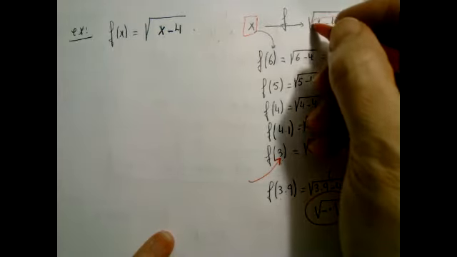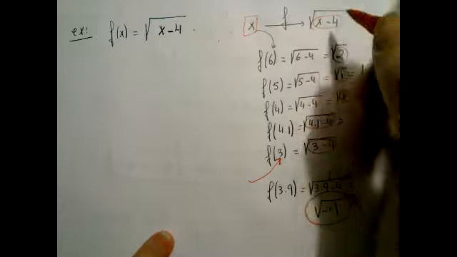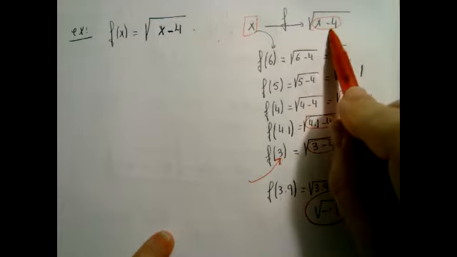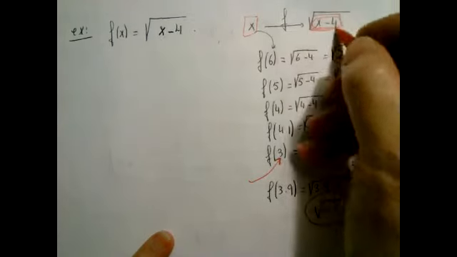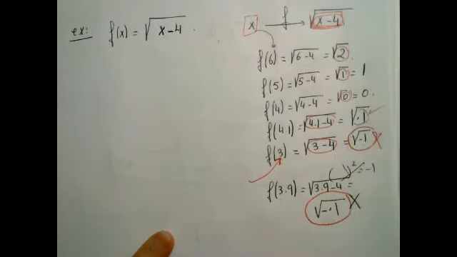Everything that makes this positive will be in the domain. Every x for which x minus 4 is positive will be in the domain. Every x where x minus 4 is negative will be out. So what is the domain in here?